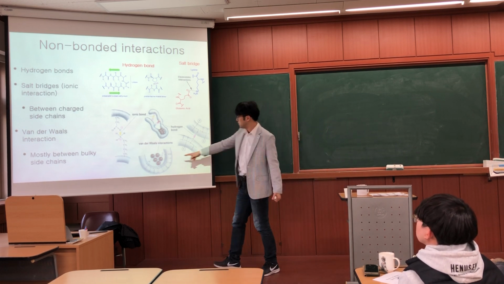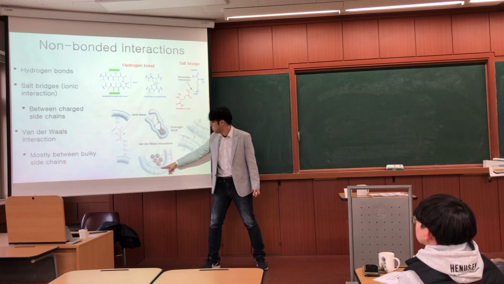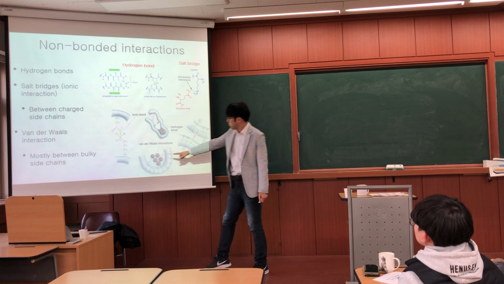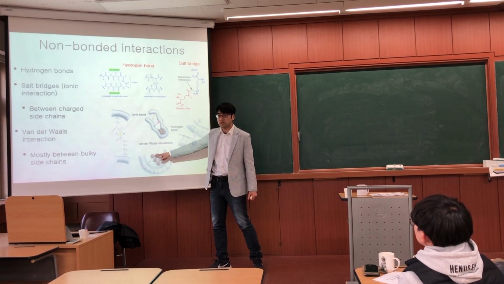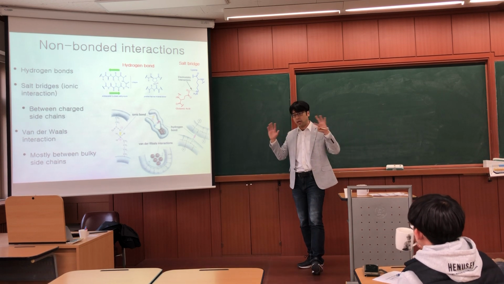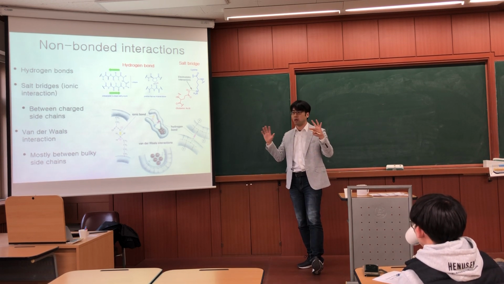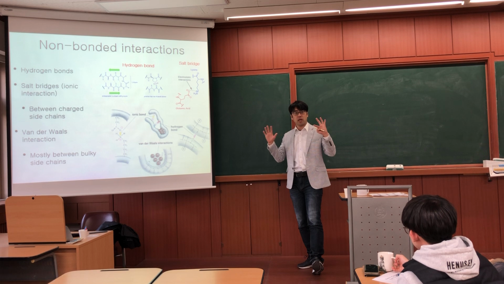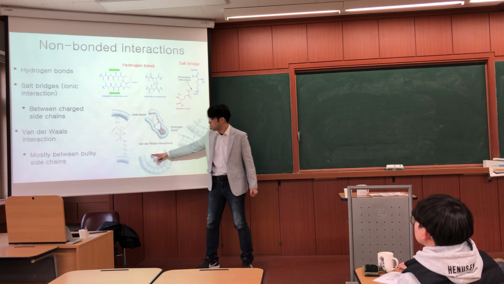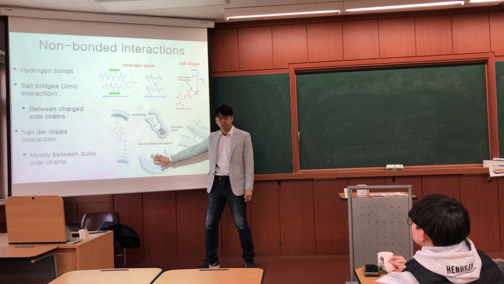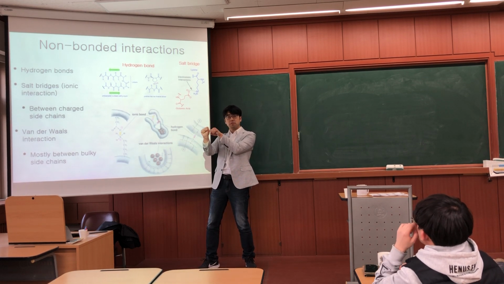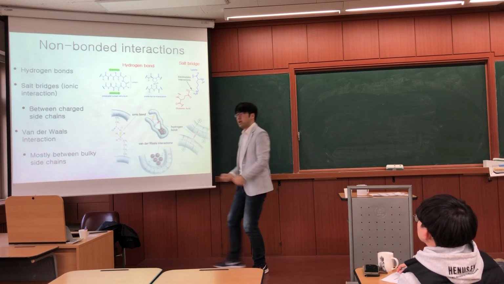For example, for these molecules, here, they are all methyl groups. The methyl groups, as you all know, are mostly non-polar, right? So they don't have much charge. The partial charges are almost zero, but still they are interacting. If they are close enough, they attract each other.